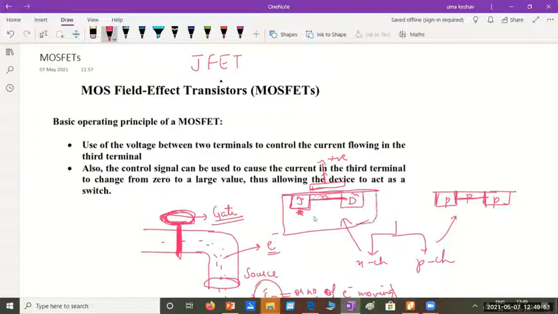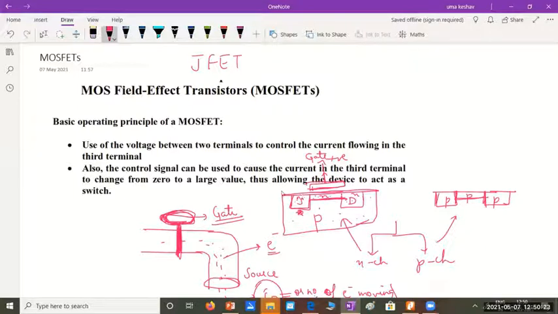So if this is the substrate, it will be of P type. When the source and drain are of N type, the substrate will be of P type. And remember, P type semiconductor has very few electrons. The majority carriers in P-type are holes. Since it has very few electrons, those electrons will be attracted here to form the channel between the source and the drain only if I give a positive voltage to the gate.